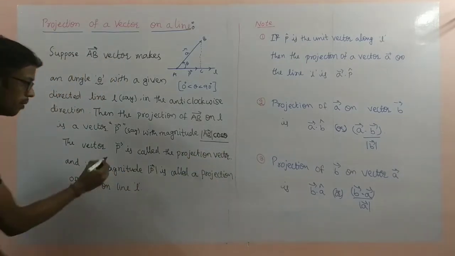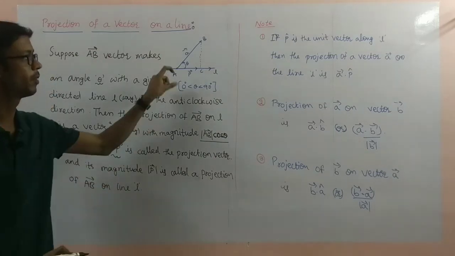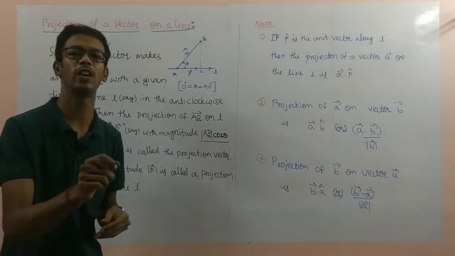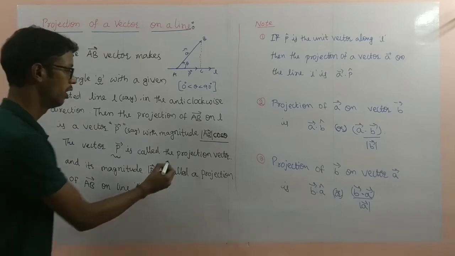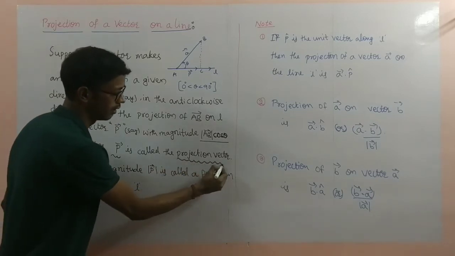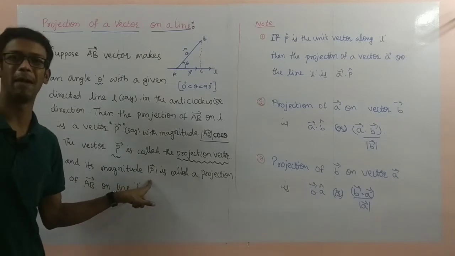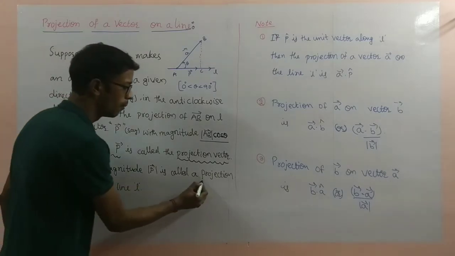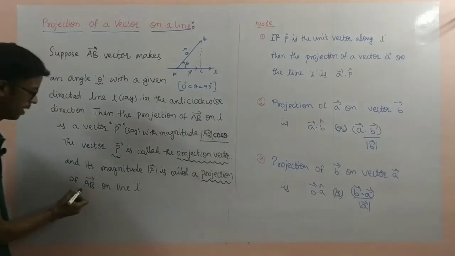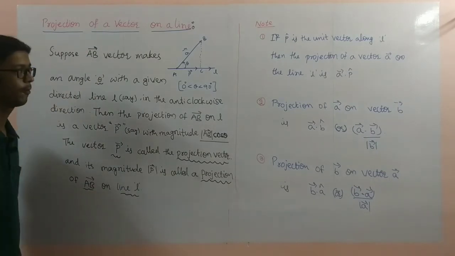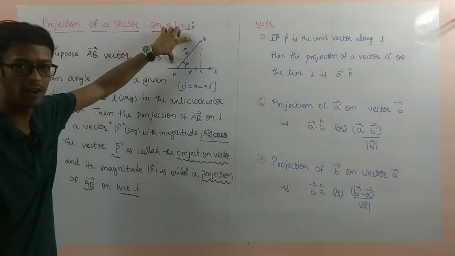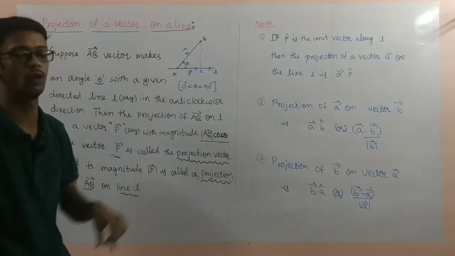The vector P bar is called the projection vector, and the magnitude of P bar is called the projection of AB bar on line L. The projection of the AB bar vector on the line is the magnitude of P bar.